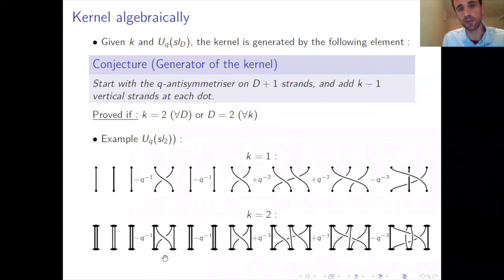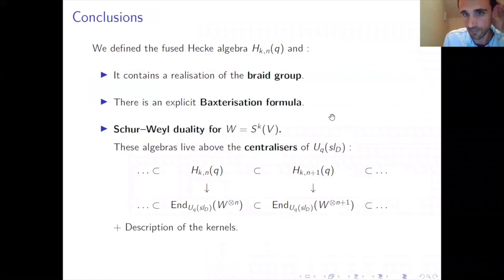Right, so let me conclude and summarize what I've been talking about. We defined a new class of algebras, the fused Hecke algebra, with a combinatorial plus braid-like description, explicitly. It does contain a realization of the braid group, so there is something to study here, which we are very interested in, but we don't really know what's happening.